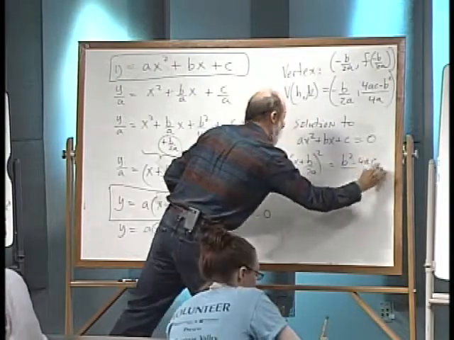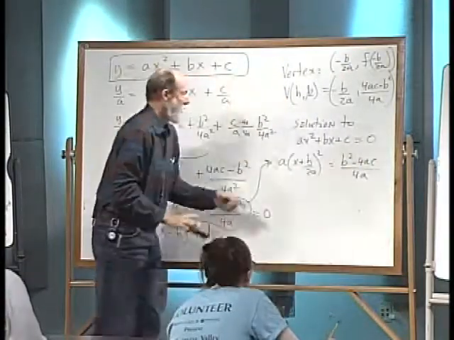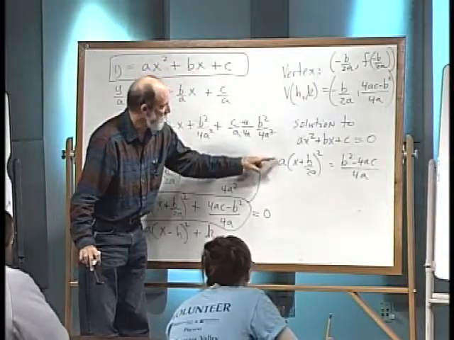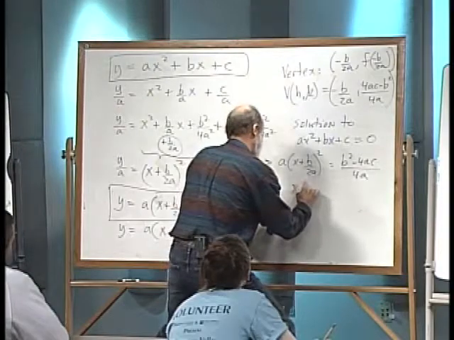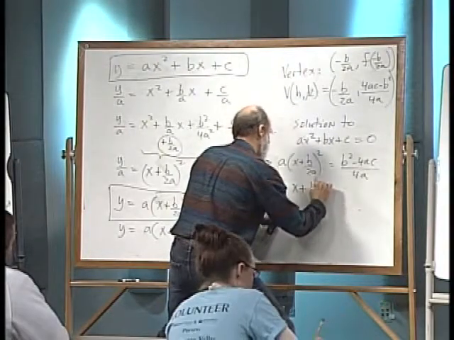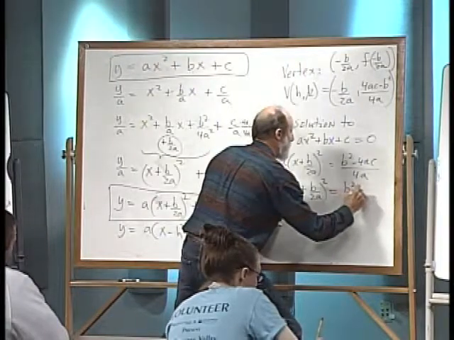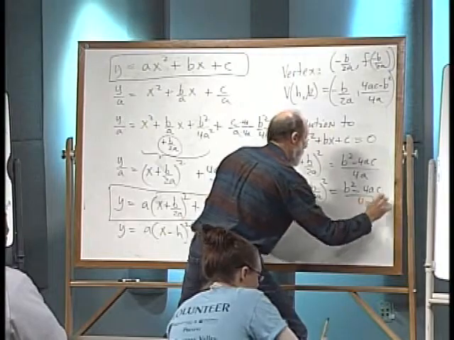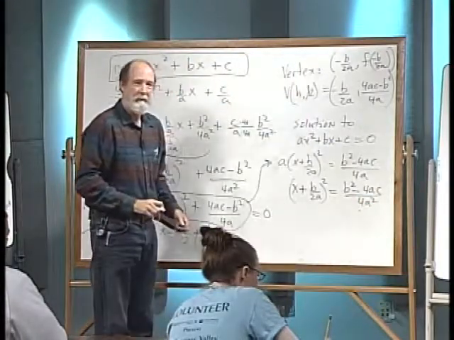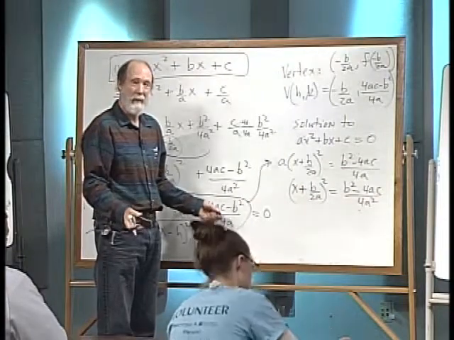all over 4a. If I multiply both sides by 1 over a to get rid of this a here, then I've isolated the binomial square, and on the right I get b squared minus 4ac over 4a squared. Messy, but not too tough.